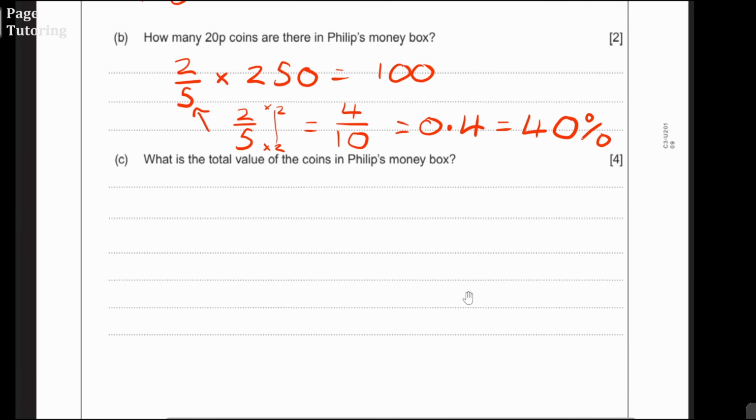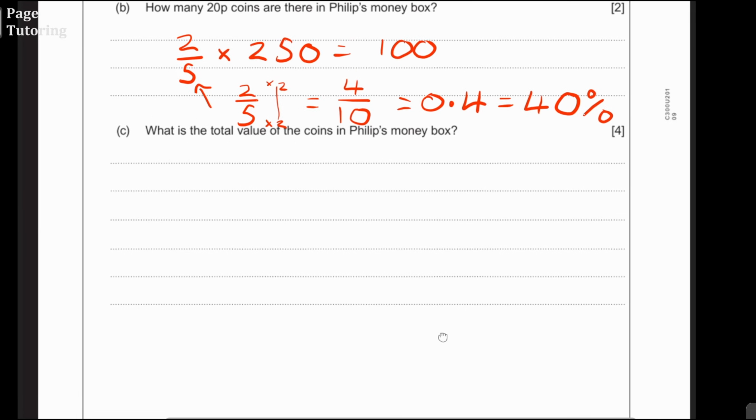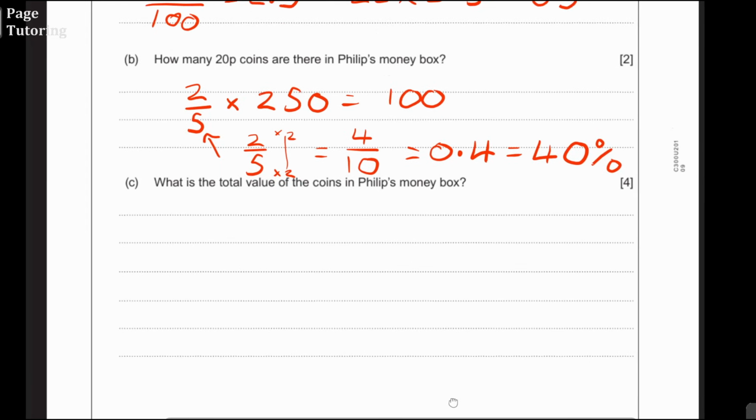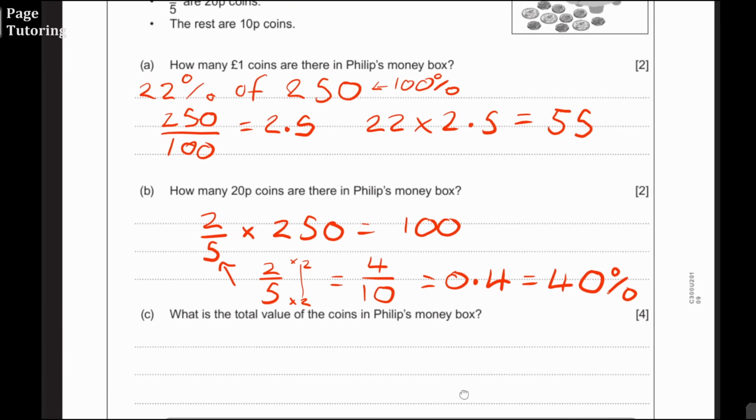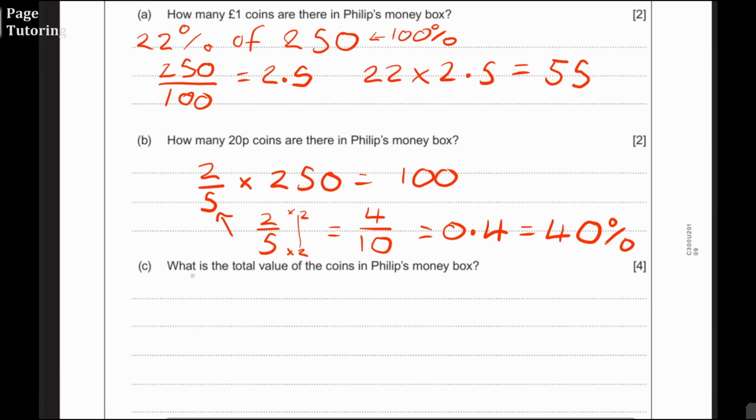So now it says, what is the total value of the coins in Philip's money box? Okay, well, we know how many £1 coins he's got. So we've got 55 times £1 plus how many 20p's have we got? We've got that 100 there. It's 100 times 20p, and plus the rest. Well, we've not worked out the rest yet.